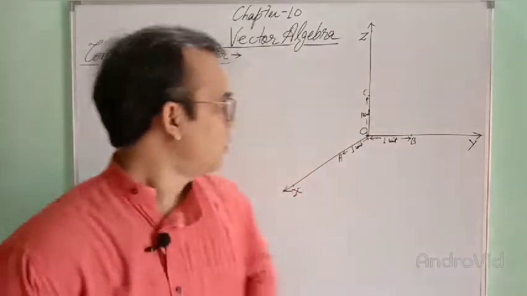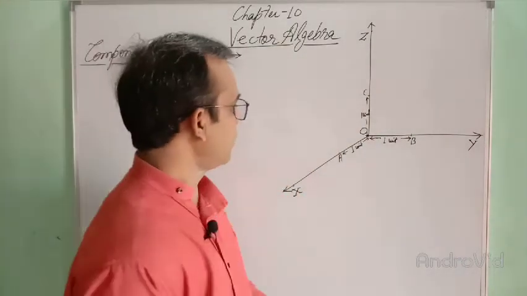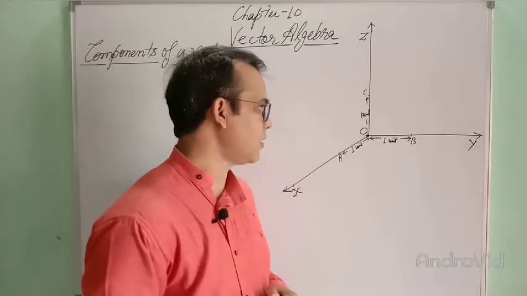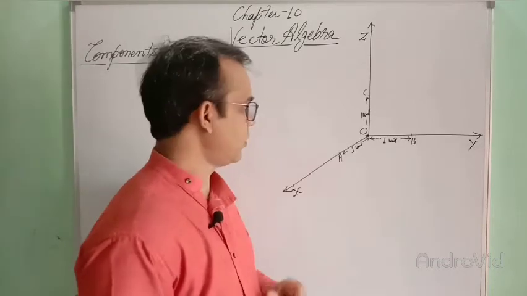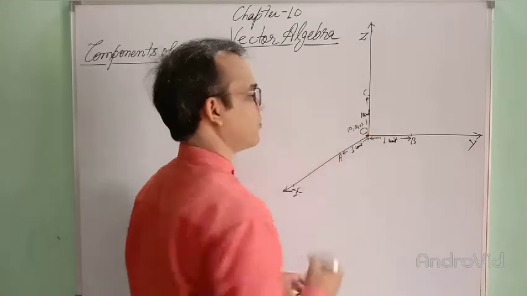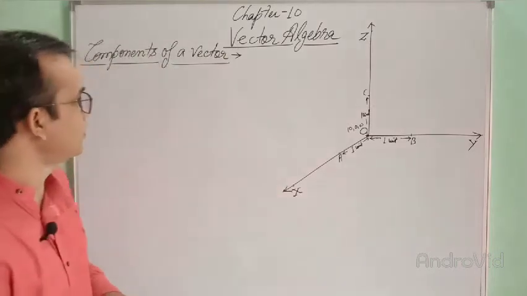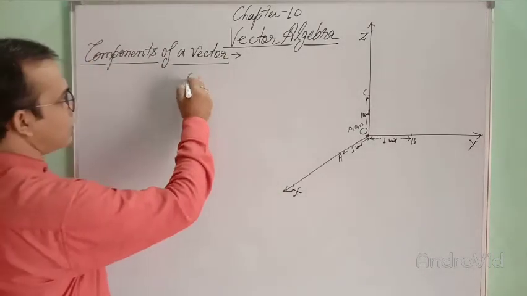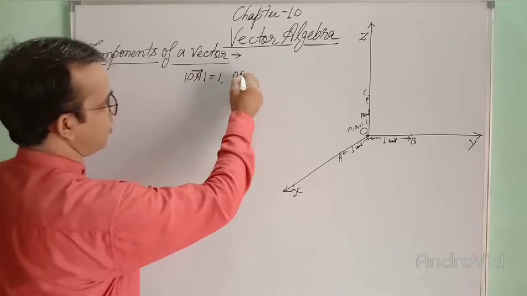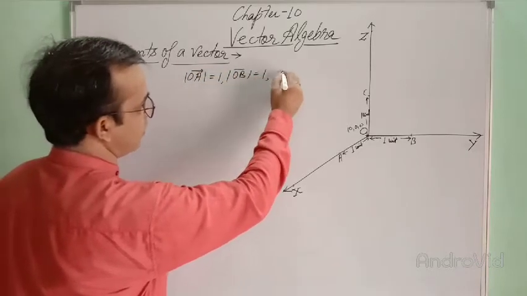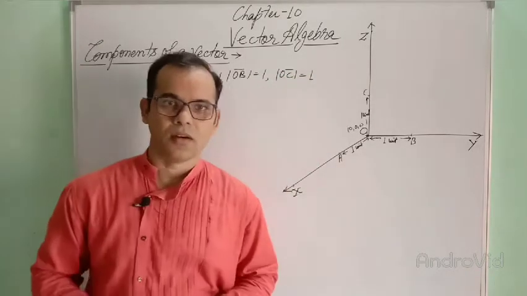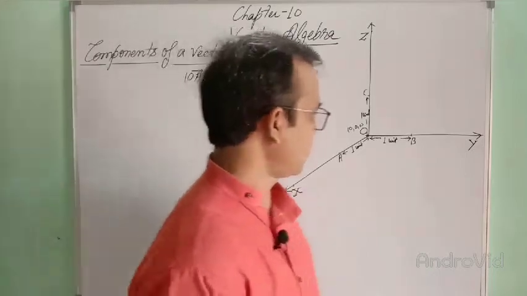So here you see that there are 3 points at a distance of 1 unit from the origin. This is the point 0, 0, 0. It means the length of vector OA is 1, the length of vector OB is also 1 and the length of vector OC is also 1. Clear?